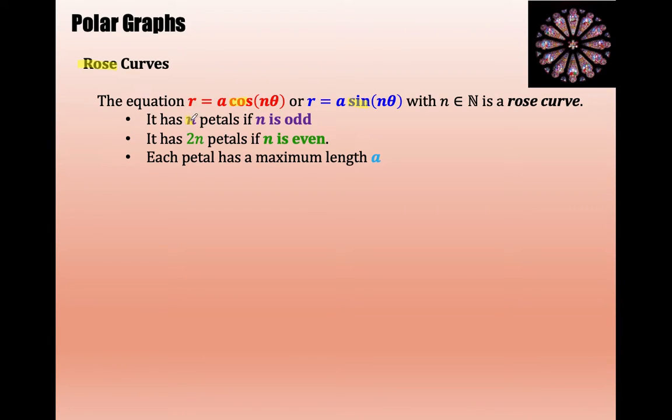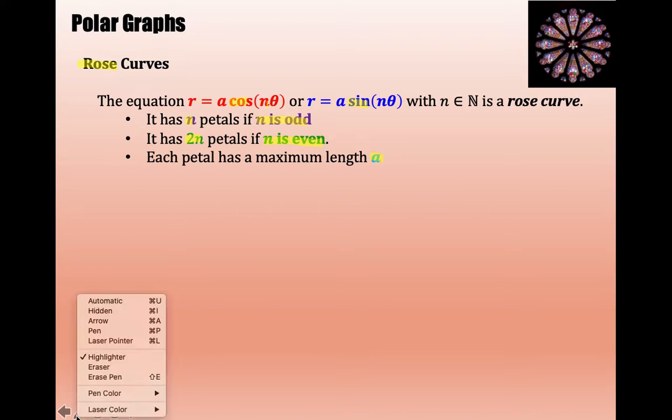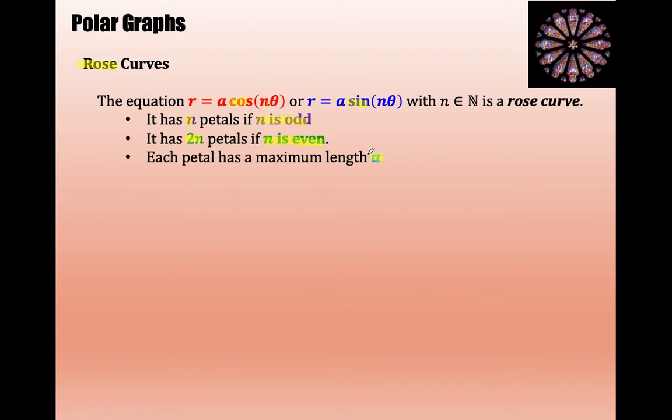You have n petals if the multiplier on theta, which deals with the period, is odd. If the multiplier is even, you have twice the number of petals, and each petal has a maximum length of the absolute value of A. Now I should write absolute value of A here, shouldn't I? Okay.